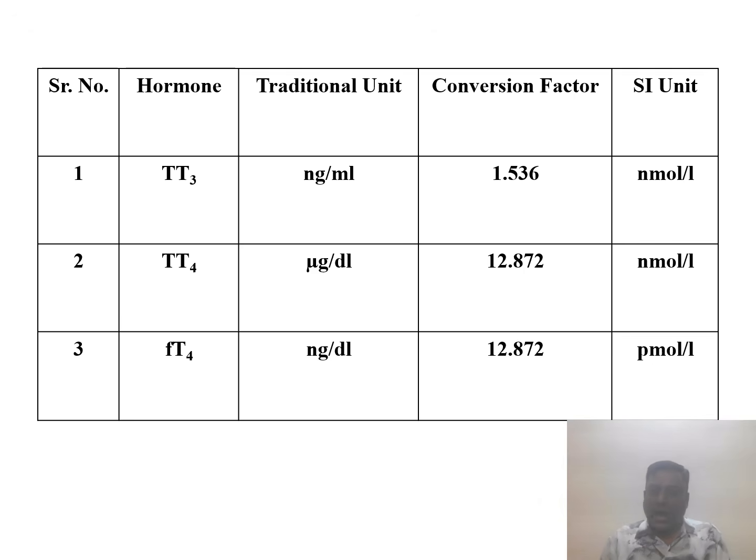So some labs give the report in SI units, for example, nanomole per liter and picomole per liter. However, if some lab gives the report of total T3 in ng per ml, total T4 in microgram per dl, and FT4 in ng per dl, you need to use this conversion factor and normalize the unit for reading and interpretation of the report.